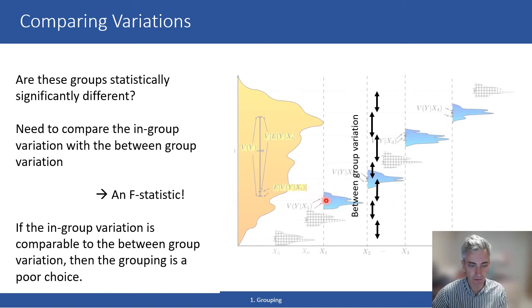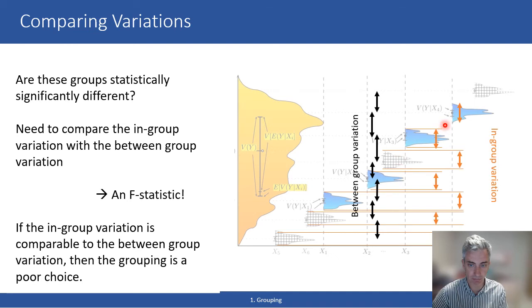You can see the error bars or the variance bars in this plot are very small compared to how far apart these means are separated in the between-group variance. So this is a good thing. If we use the F statistic now, and we put the between-group variation on the numerator and the in-group variation on the denominator, we're going to have a very large F statistic, which is an indication that the groups are well separated.